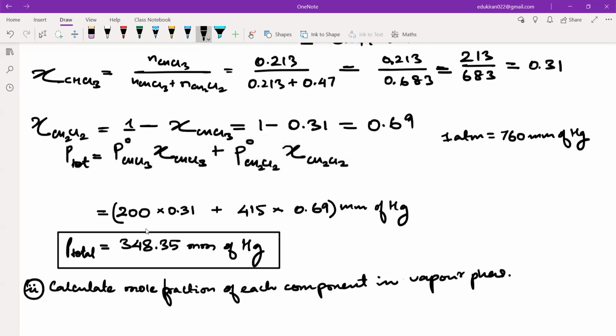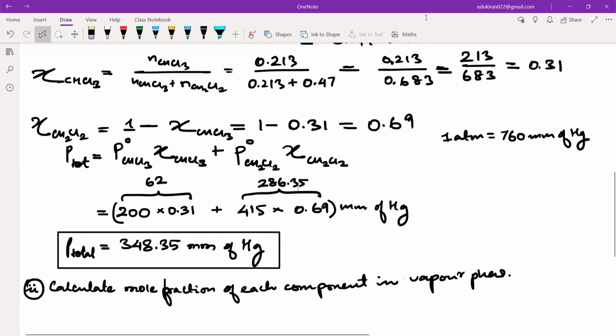Shravya, can you tell me what value you are getting after multiplying these two things? 62. And for these two? 286.35. Okay.